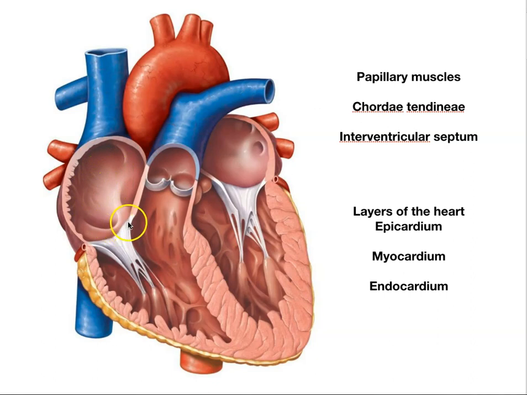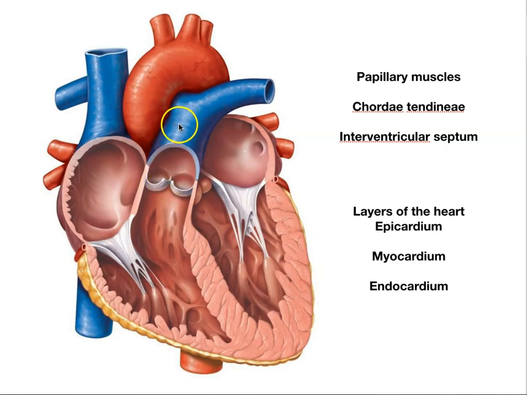Here is the AV valve. What valve is this? It's on the right side of the heart. It is the tricuspid valve. Here is the right ventricle. Here is, what valve is this? It's a semilunar valve. It is the pulmonary valve.